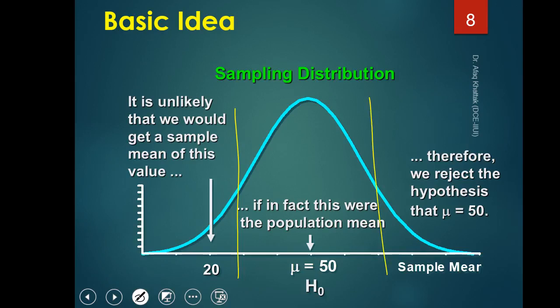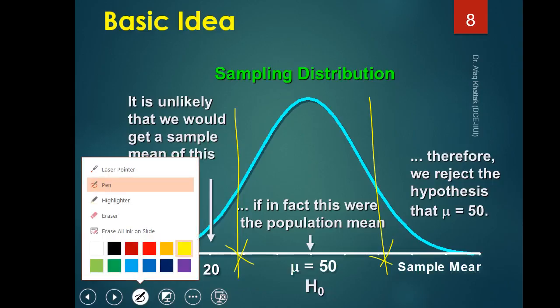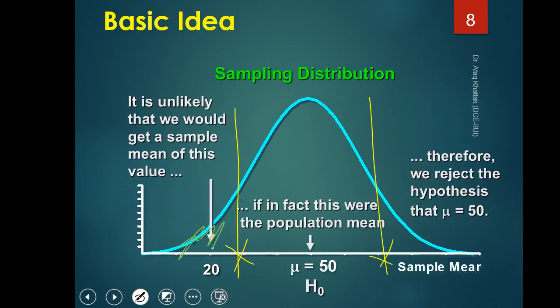This is the critical value on the x-axis, and the area to the left side of that critical value, in case of the negative side, is the rejection region, and this is the rejection region in case of the plus side, if mu is greater. Now if the value of the sample mean falls in this rejection region, we will reject our claim.